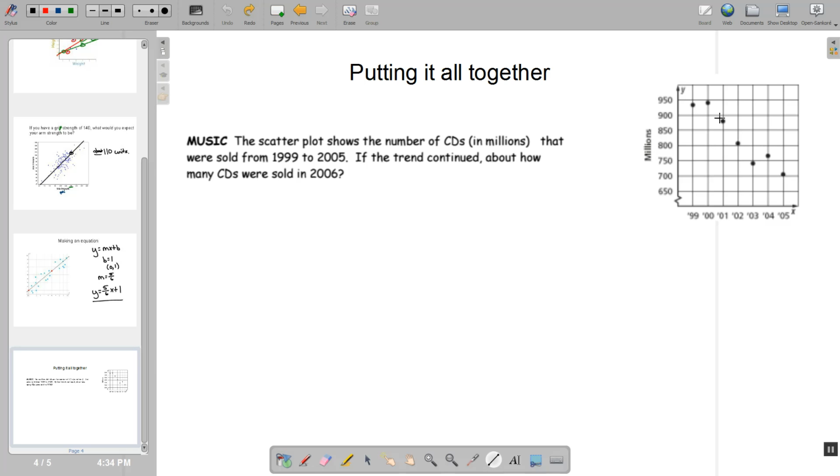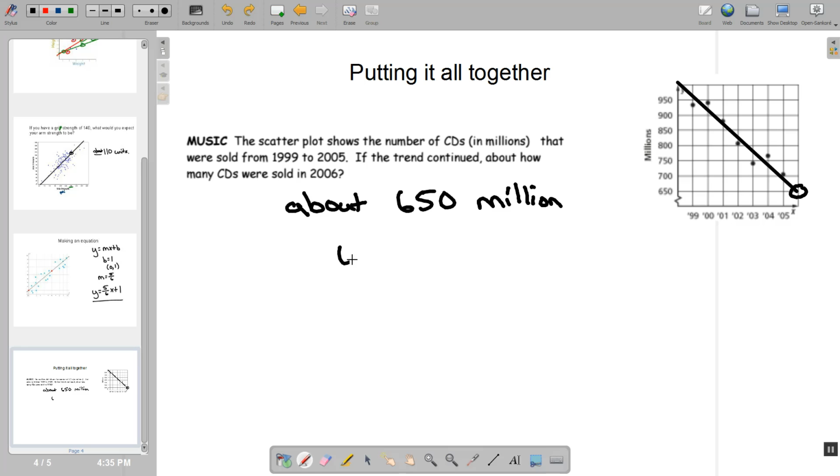Now, I see a possible line of best fit going through our points right about there. So if this is 2006, I would say our answer is going to be right here, which is going to be about 650 million. Now from here we want to make an equation, once again in y equals mx plus b form.